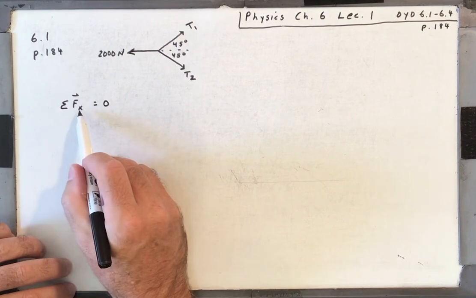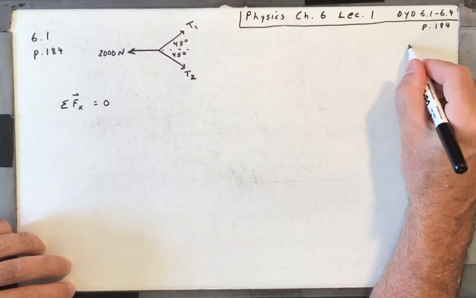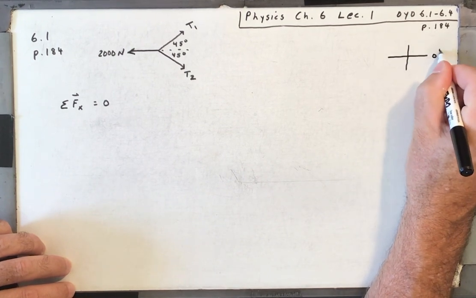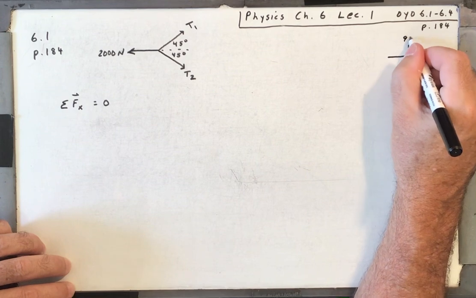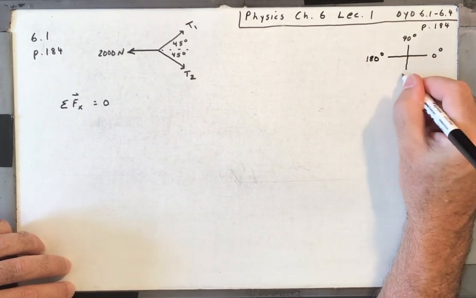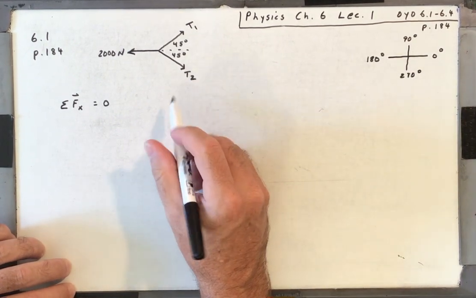Same is true for the y direction, but first let's do x. So what we're going to do is, and remember your angles here, coordinate plane, we have 0 degrees, 90 degrees, 180 degrees, and 270 degrees. So we have to put our angles in that way.